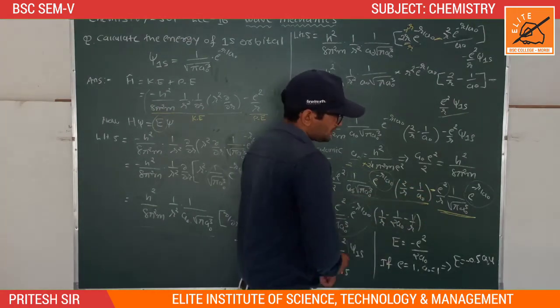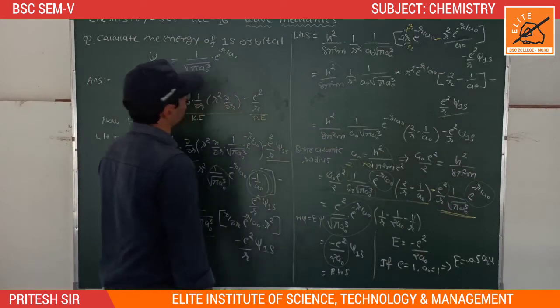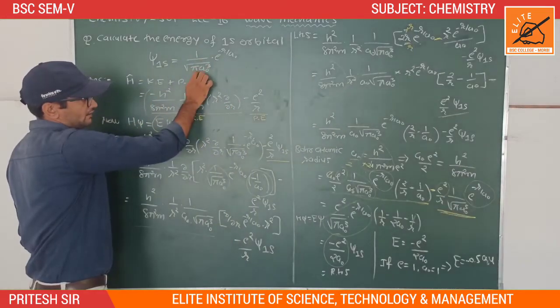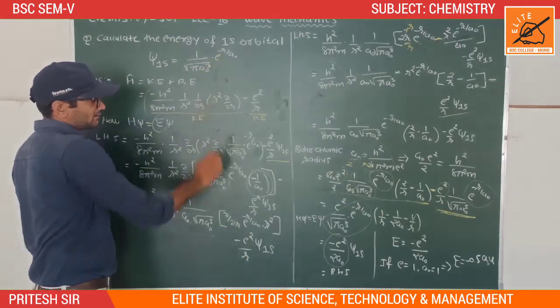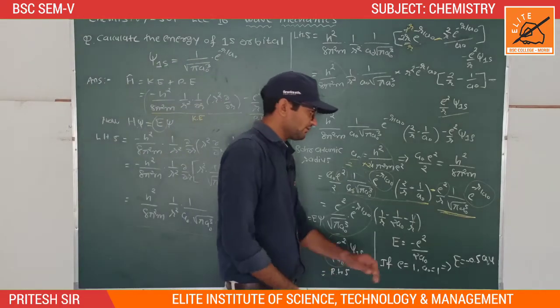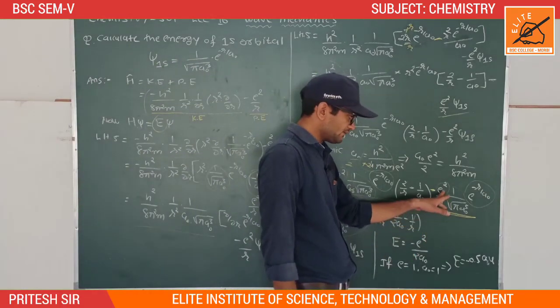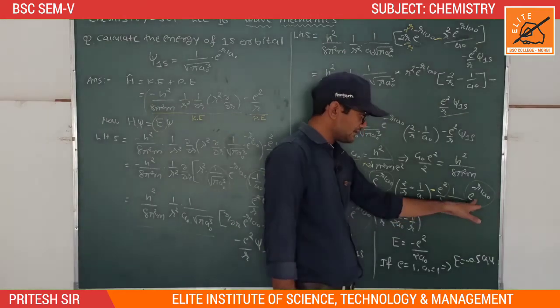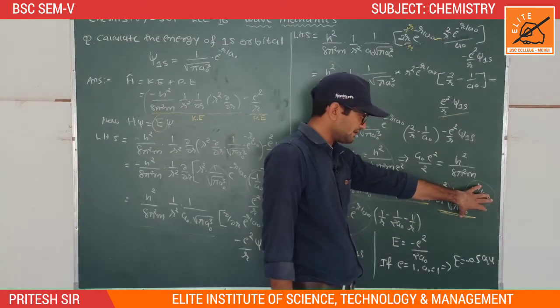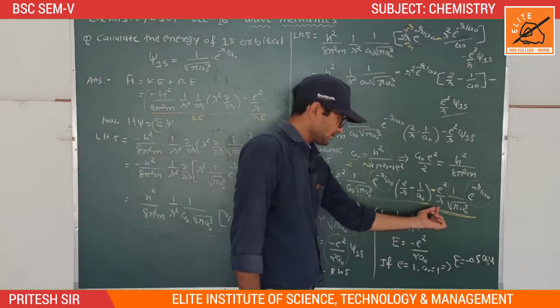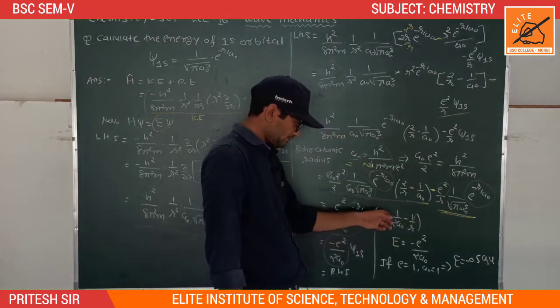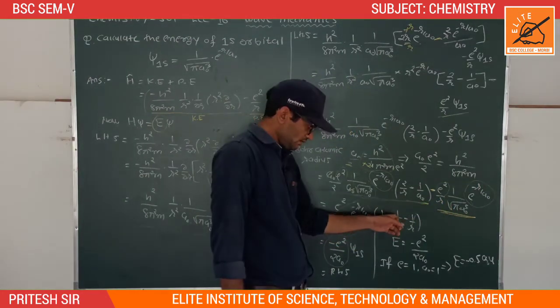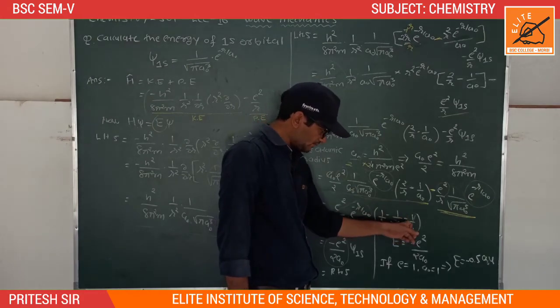Now put the value of ψ 1s. ψ 1s is equal to 1 upon under root π a0 cube into e to the power minus r upon a0. So we take common three things: first one is e square, second one is 1 upon under root π a0 cube, and last one is e to the power minus r upon a0 in these two terms, and the final value will become 1 upon r minus 1 upon 2a0 minus 1 upon r.